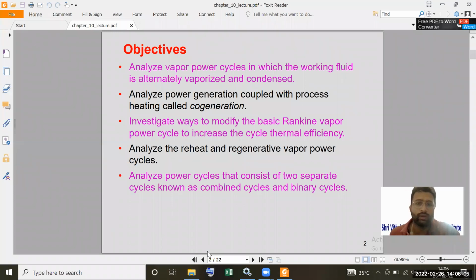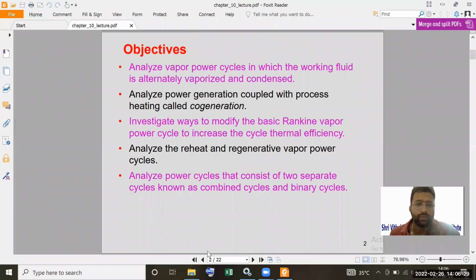So the basic cycle for that power plant is the vapor power cycle. In the last lecture we have seen the cycle which gives you maximum efficiency, that is called the Carnot cycle. Then we have seen the limitations of the Carnot cycle. We cannot practically implement the Carnot cycle, so that is why we have the Rankine cycle. The Rankine cycle is the most widely applied for the vapor power cycle.